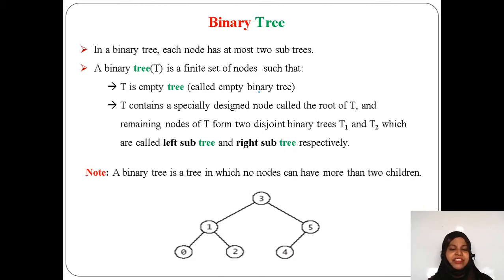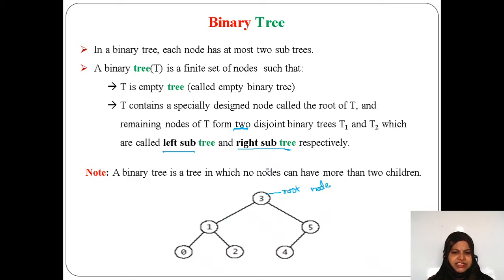One subtree is known as the left subtree. Another subtree is known as the right subtree. See here in this given example, 3 is the root node.